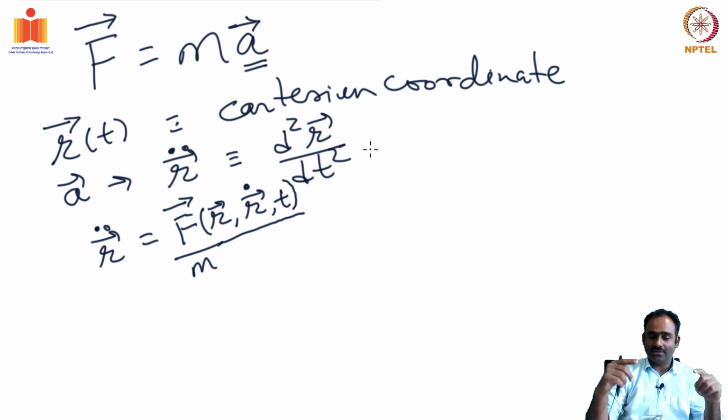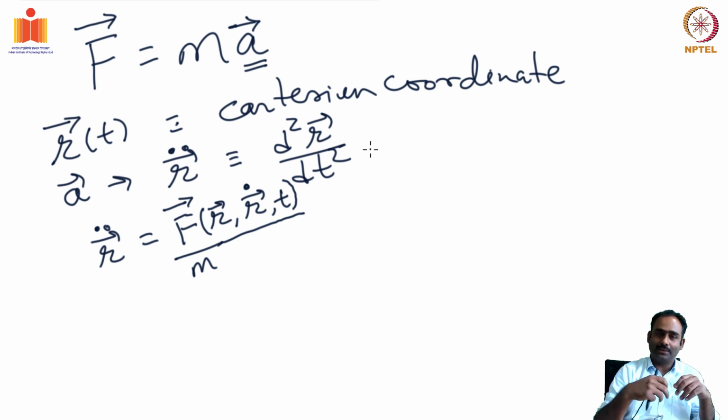Now, if you know the acceleration at any point of time, then you can integrate that equation and get the trajectory. You can tell where the particle would be at any later time t if you solve this equation, and also on top of it you have to specify initial conditions, where it was at time t equal to 0, how fast it was moving at time t equal to 0. Okay? That information will be sufficient to tell all this.